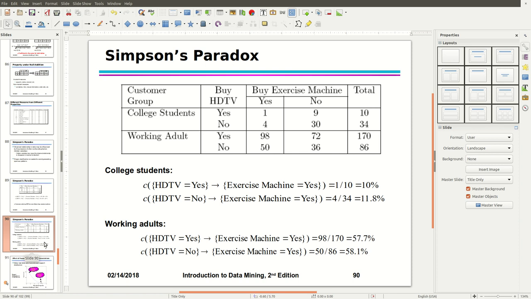So that is the underlying reason. So this is something to be careful about. You can't easily draw a conclusion. You may need to look further down and find the real reason.